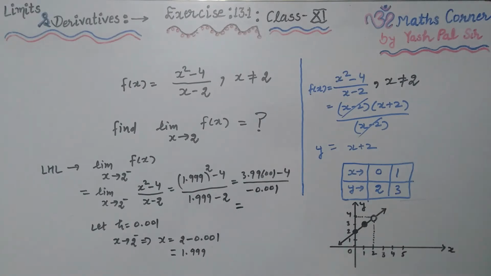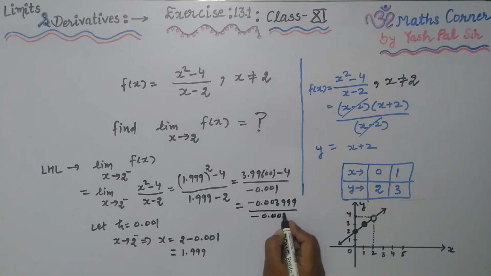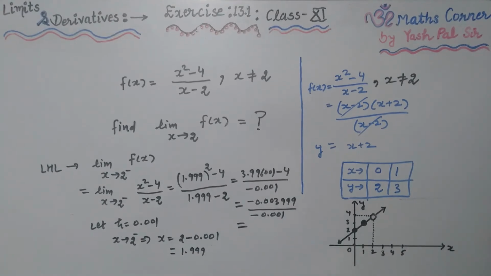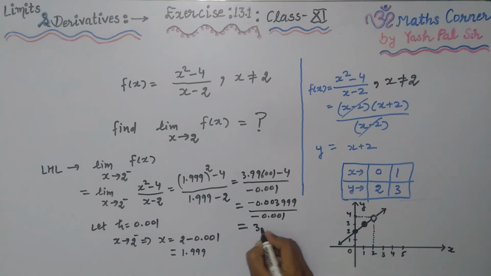So further this is equal to minus 0.003999 divided by minus 0.001. So lastly we can say this is equal to 3.999. So this was the left handed limit.